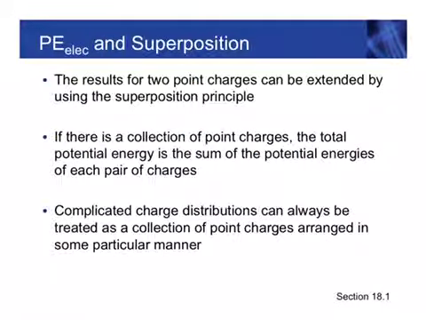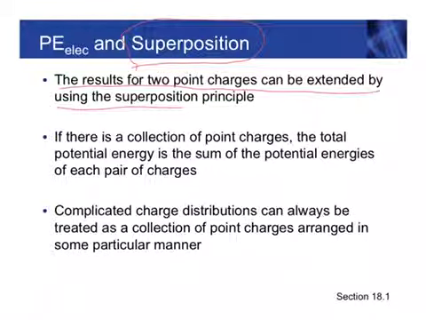What's going to happen if we have more charges than just two point charges, say 3 or 4? What's happening with electric potential energy? It's the same superposition principle as always, and we just have to look at it one pair at a time and do a count. The results for two point charges can be extended by using the superposition principle.